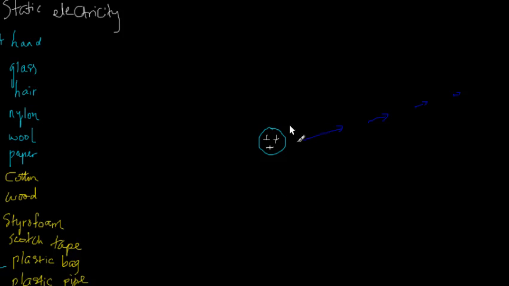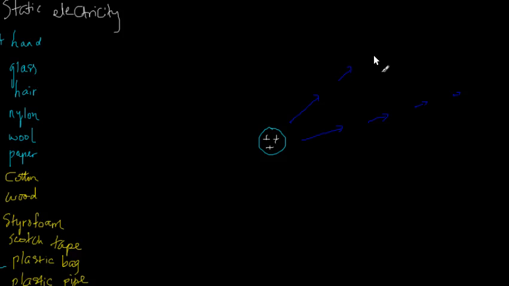But what if I put it there, for example? If I put it there, it will experience a force as well, maybe about just as big as this, but in another, slightly different direction. If I put a positive charge there, it will experience a force in that direction.